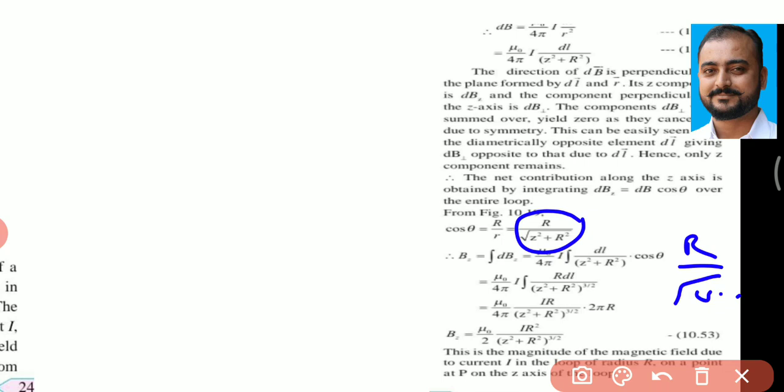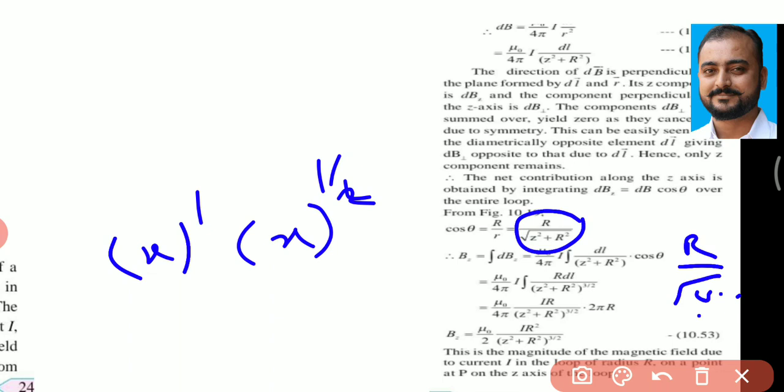Now this square root means what? Suppose x raised to power 1, and another one x raised to power half. Square root means half of the power, that is x raised to 1 by 2.